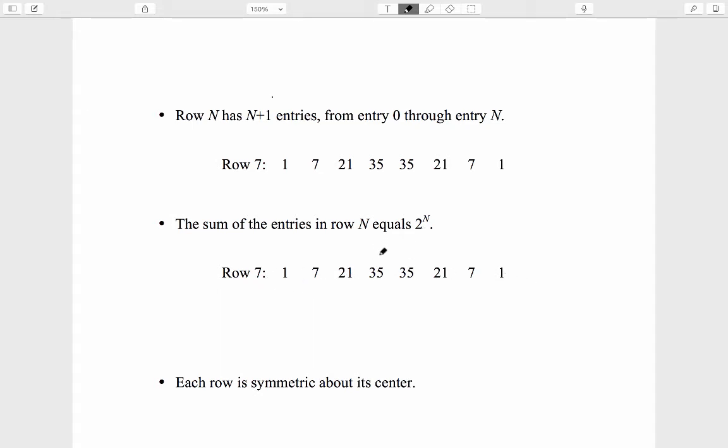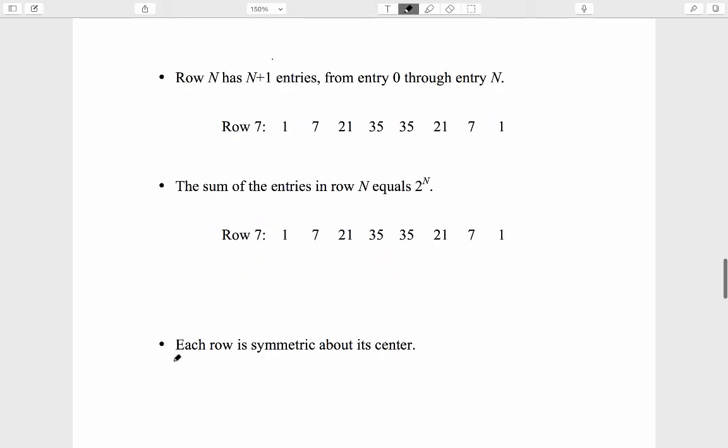This makes sense because the sum of the entries in row 7 should equal the total number of 7-letter words in a 2-letter alphabet. But that should also equal 2 to the 7th by the multiplication principle of counting, as we have seen earlier. We've also noticed that each row is symmetric about its center. We see it here in row 7, but we've seen it in every row that we've written out in Pascal's triangle. This makes sense.